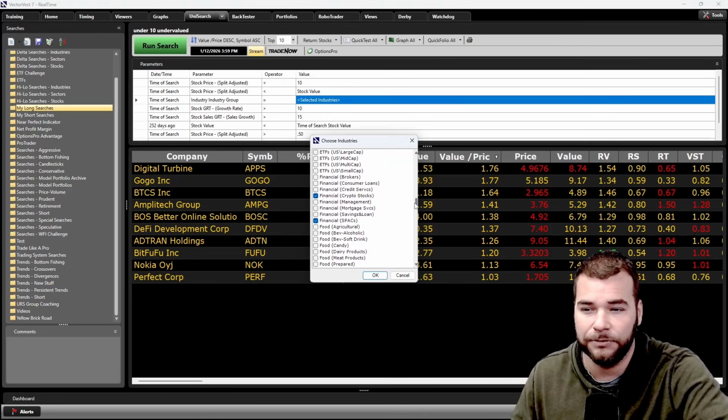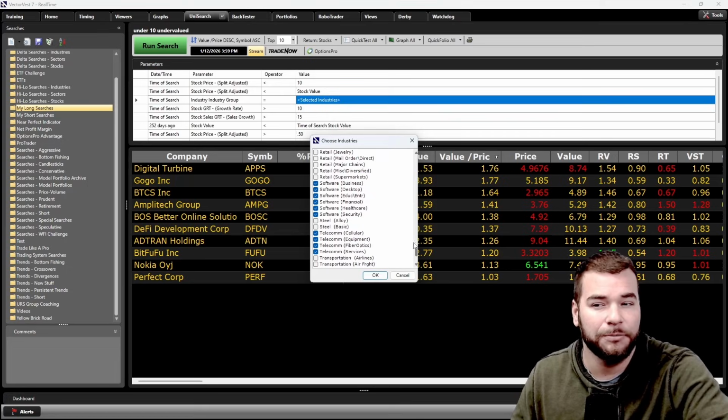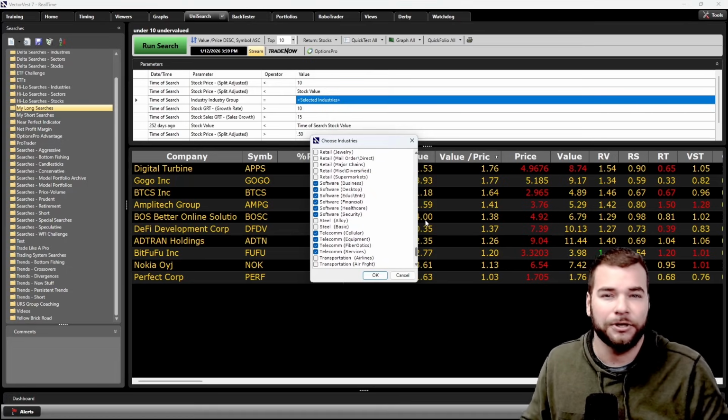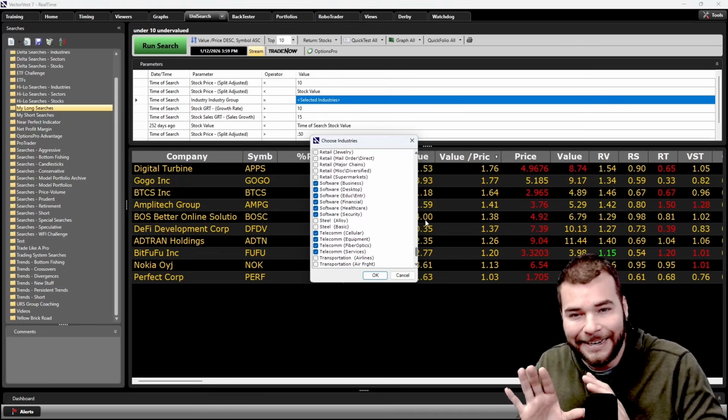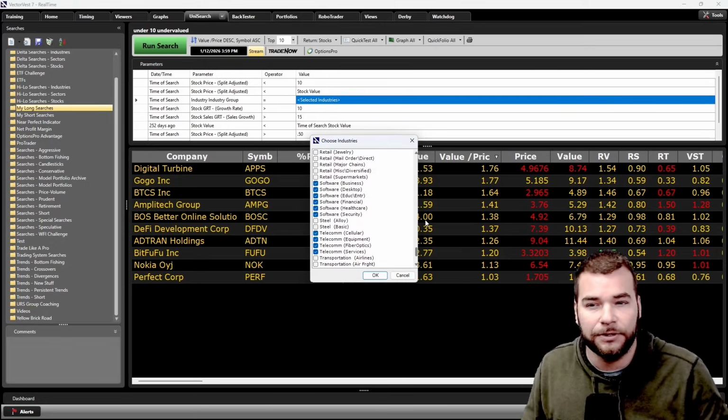We have crypto stocks along with SPACs. We have some internet as well as leisure. And as I continue to scroll down, we have software and telecommunication. So mostly focusing on tech, defense, crypto, things of that nature, but finding value in those spaces, not just going off of hype and news-driven momentum.